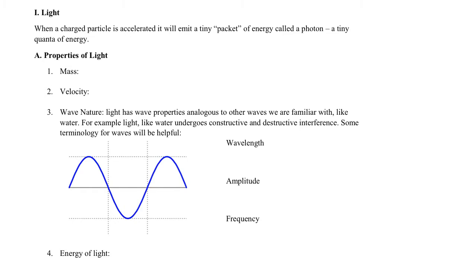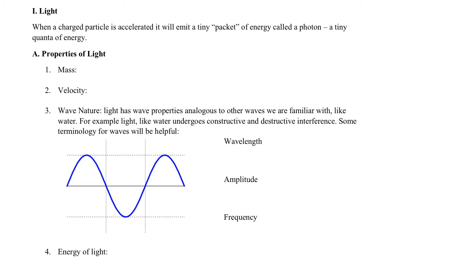So to do this, the first thing we're going to look at is light, because in order for us to understand what's going on here, we need to understand how we can think about light, so we have some words to use and some understanding about what's going on with light, at least from a basic perspective. So what we're going to talk about first are the properties of light.